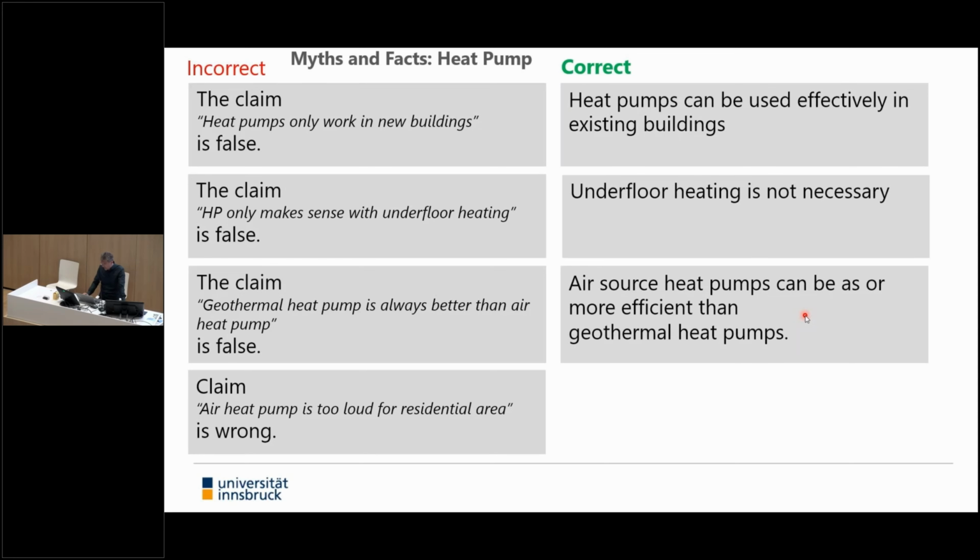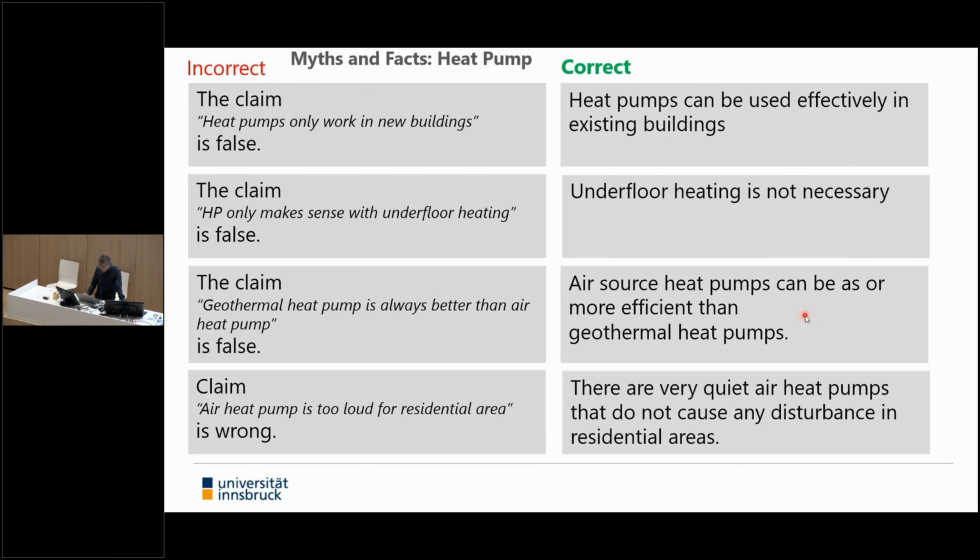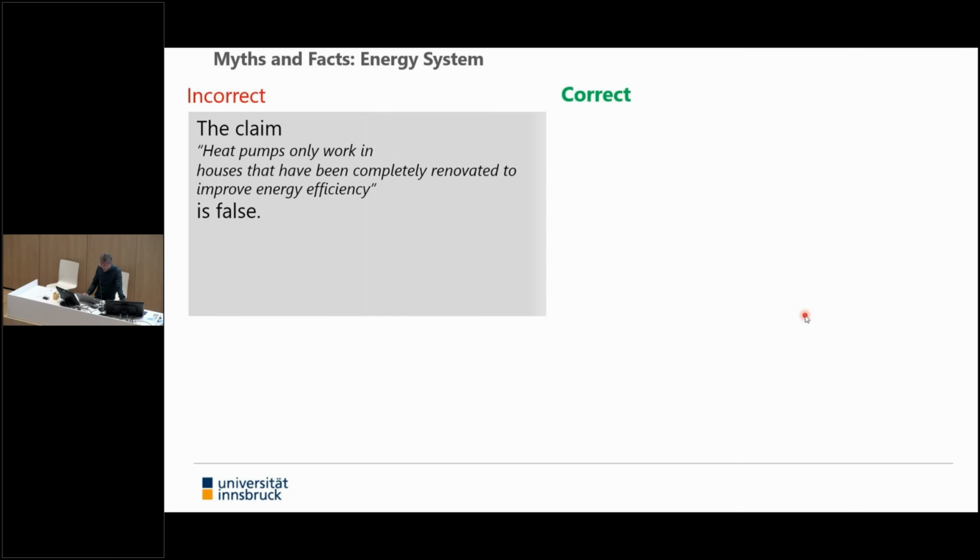There are very quiet air heat pumps that do not cause any disturbance in residential areas. And one good message for you is if you reduce the power of your heat pump, you also reduce the sound of your heat pump. So it's always good to reduce the heat load of your building, and you do that by energy efficient refurbishing.